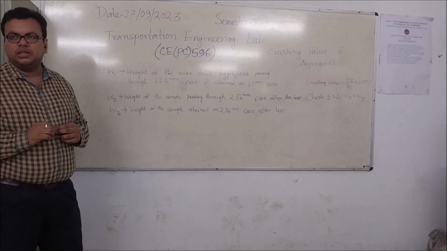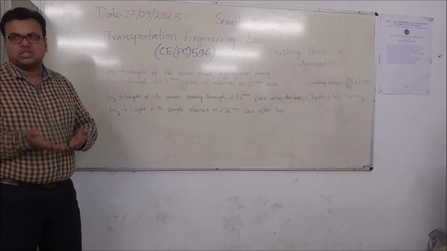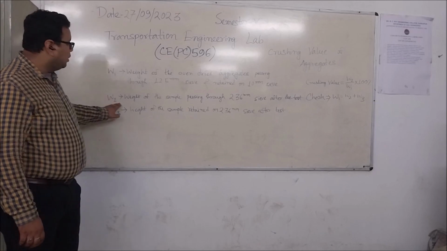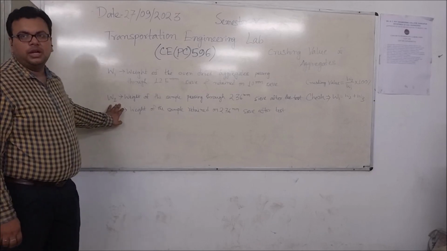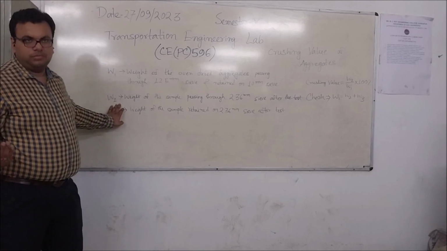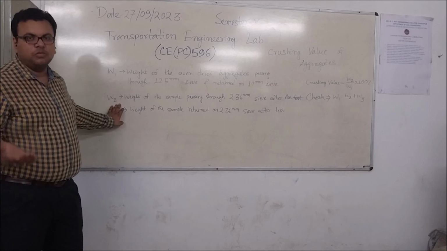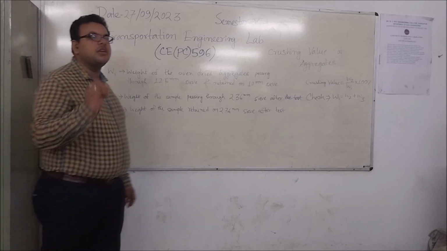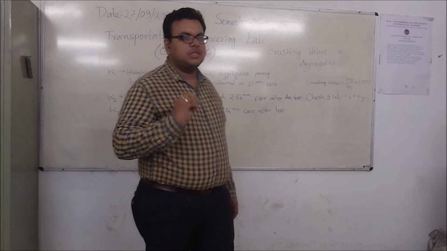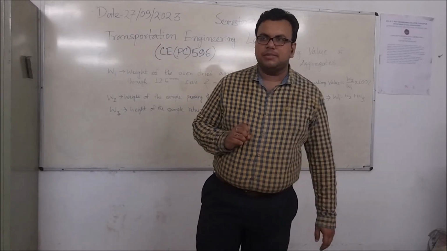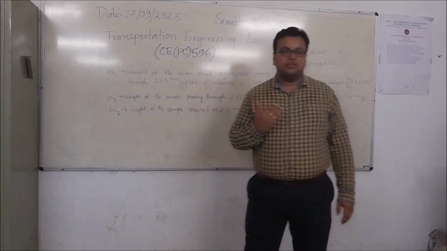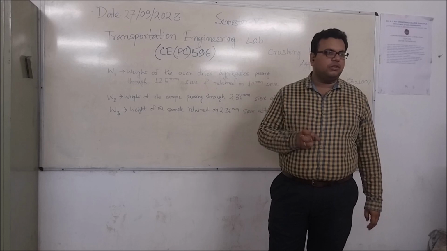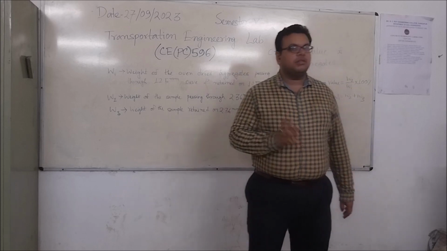Some amount of the crushed aggregates will pass, and that weight will be W2, and some amount of the aggregates will be retained on that 2.36 mm sieve. Obviously, the crushed aggregate passes through the 2.36 mm sieve, and we will use that weight for the calculation of the crushing value.